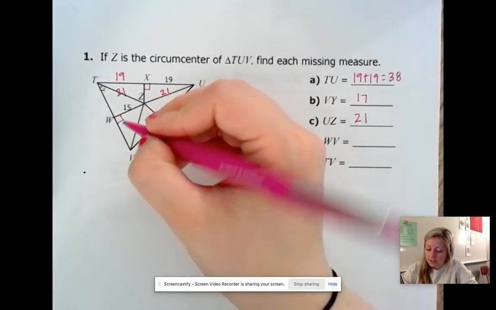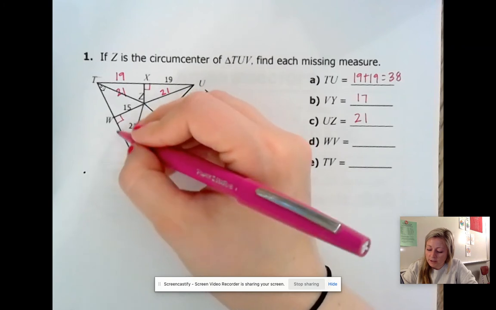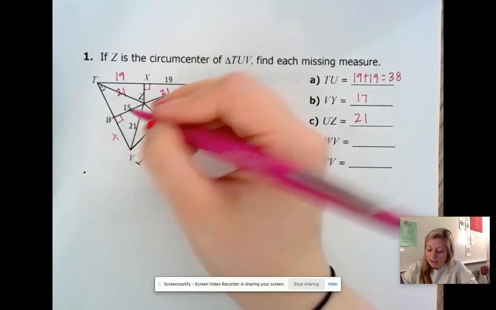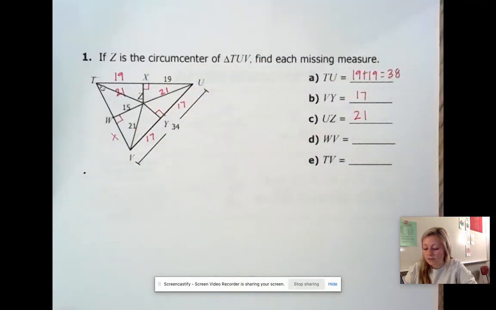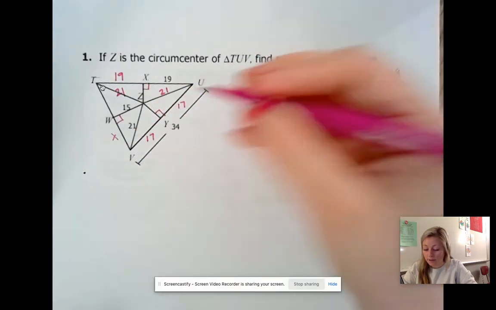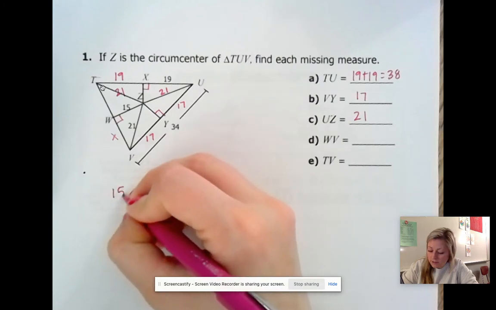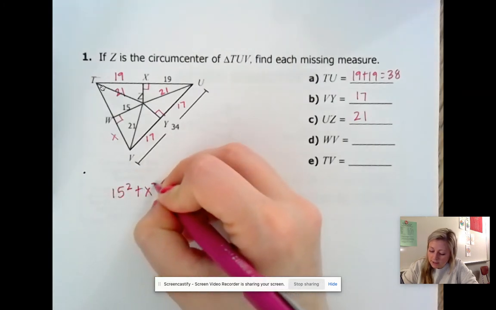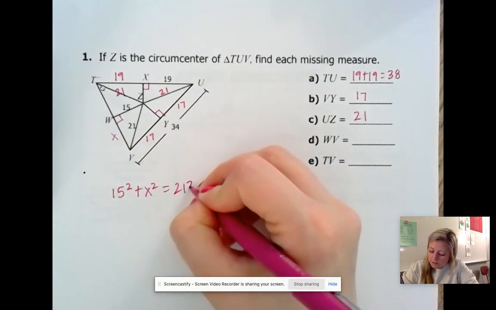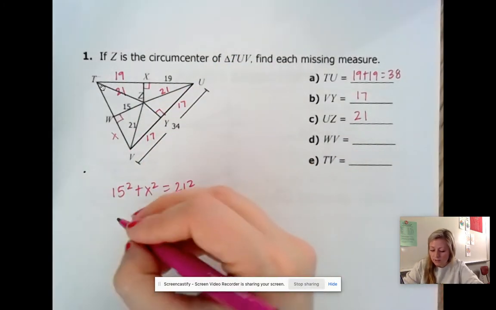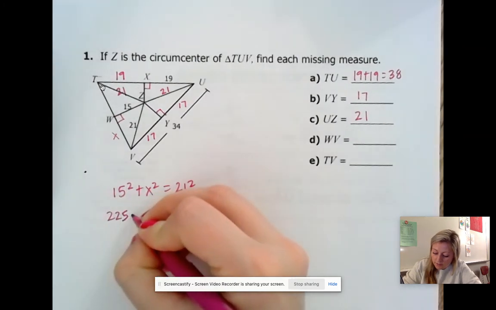However, folks, if we look here, we have a right triangle, right? And then how do you find a missing side of a right triangle? You can use the Pythagorean theorem. So we could do 15 squared plus x squared equals 21 squared, since this is our hypotenuse. And now we crunch out these numbers. 15 squared, I know, is 225.